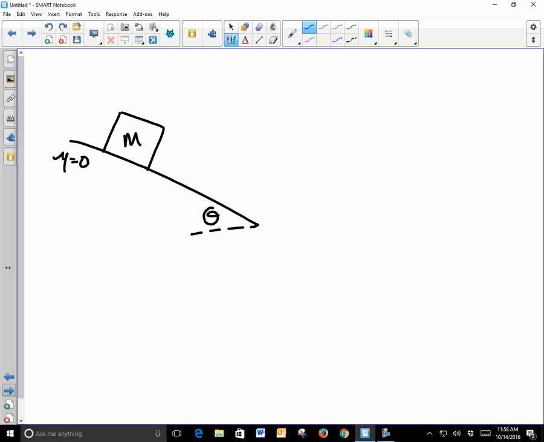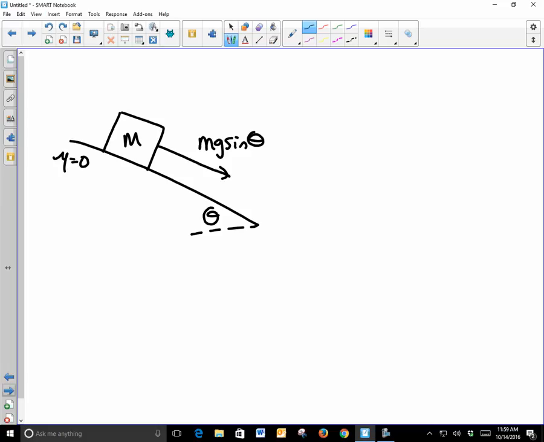So what force did we say is accelerating it down the plane? mg, more specifically mg sine theta. mg cos theta is going against normal force, so mg sine of theta is the resultant force that acts down the plane.